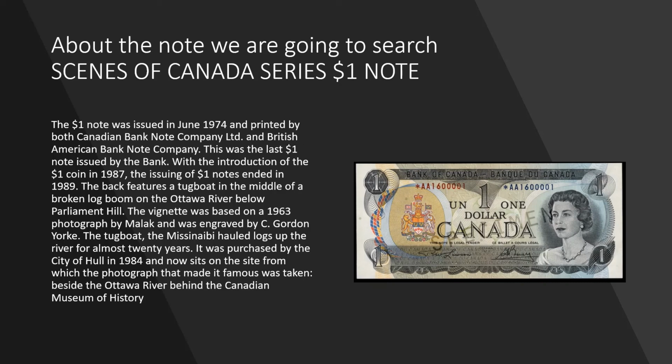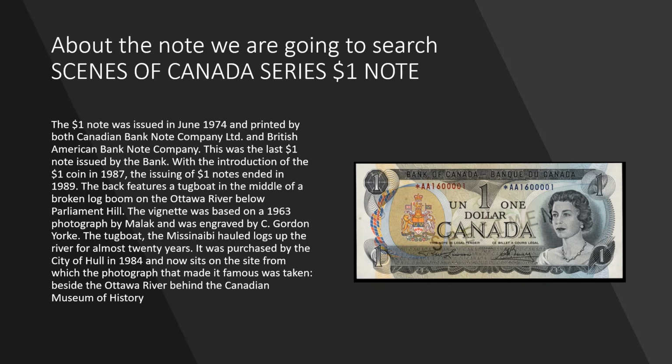With the introduction of the $1 coin, the loonie, the issuing of the $1 notes ended in 1989, and the back features a tugboat in the middle of a broken log boom in the Ottawa River near Parliament Hill, and this was based on a photograph, and we got a little bit of information in the next slide about that.